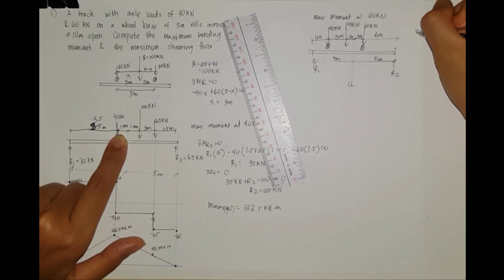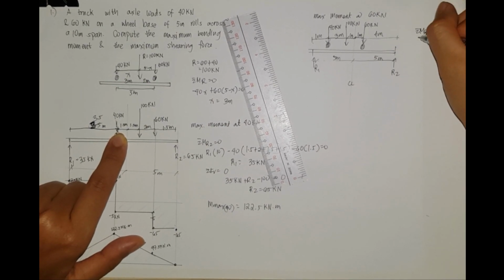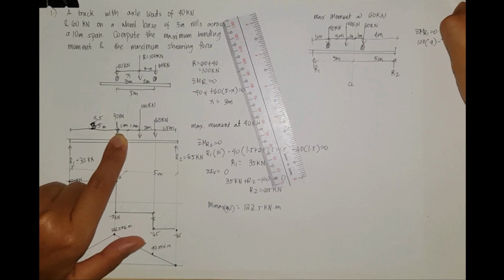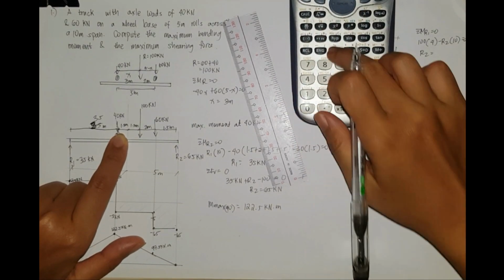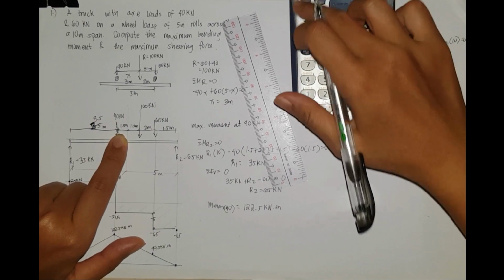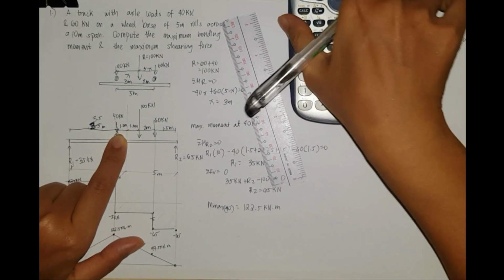So taking the summation of moment at R1 is equal to 0, we have 100 multiplied by 4 minus R2 multiplied by 10 is equal to 0. Therefore, the reaction at 2 is equal to, so we have 40 kilonewton yung R2 natin.